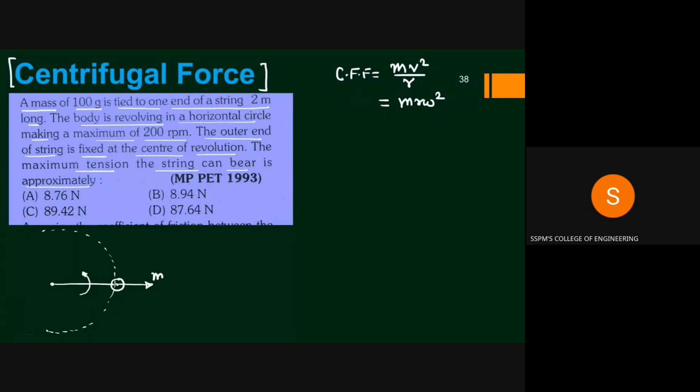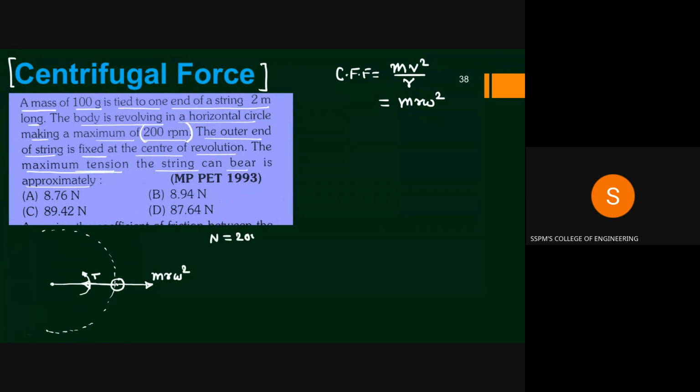This centrifugal force, the value is m r omega square, and it will be equal to the tension in the string. So basically we have to find out the maximum tension of the string when the mass is revolved at 200 rpm. So what is given in the problem?